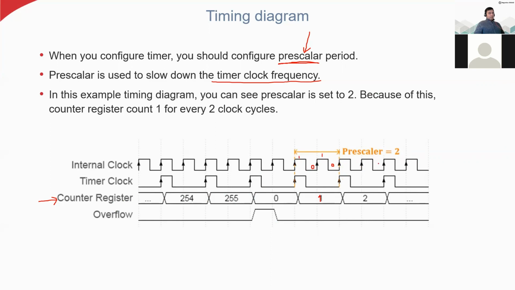It's considering 2 complete clock cycles, so this is equal to 1 count. Then this is number 2, and it takes another 2 clock cycles from here to here, and then it counts to the next value 3, and so on. So instead of counting for every single internal clock, we are making a single count for every 2 clock cycles. In this way, we can slow it down.